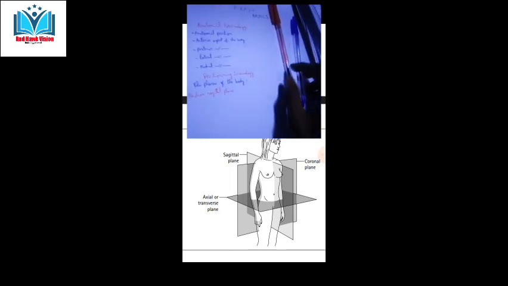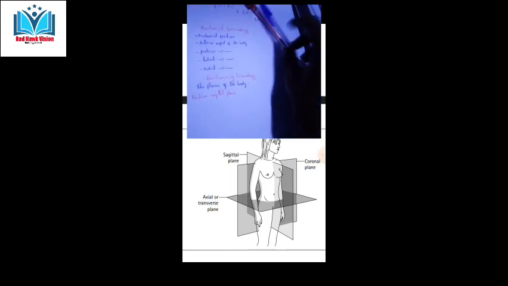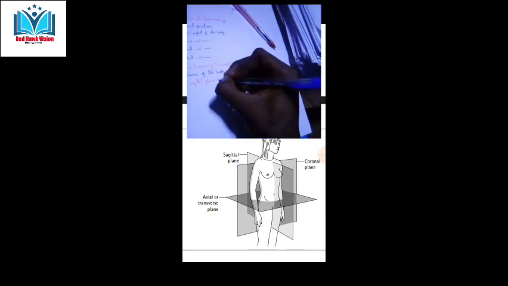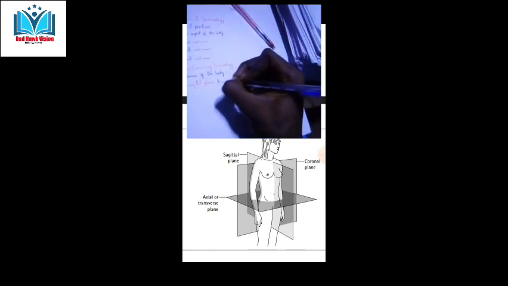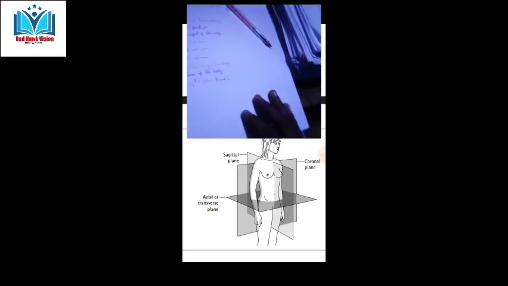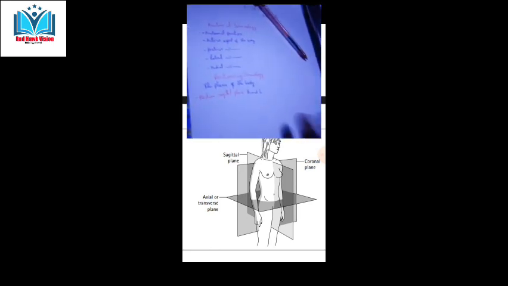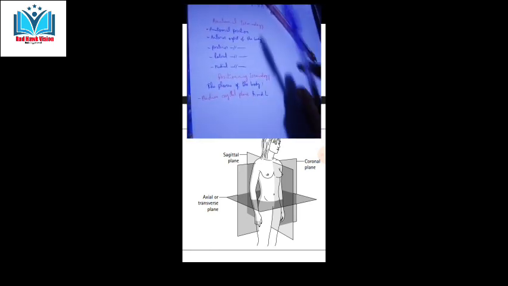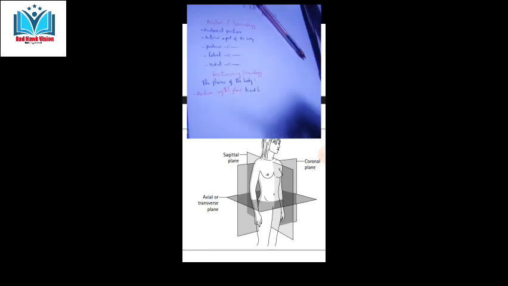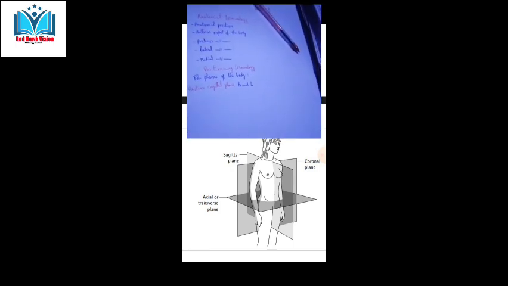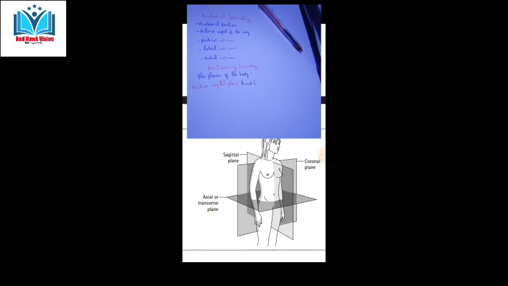The median sagittal plane divides the body into right and left halves. Or we can also call it simply the sagittal plane.